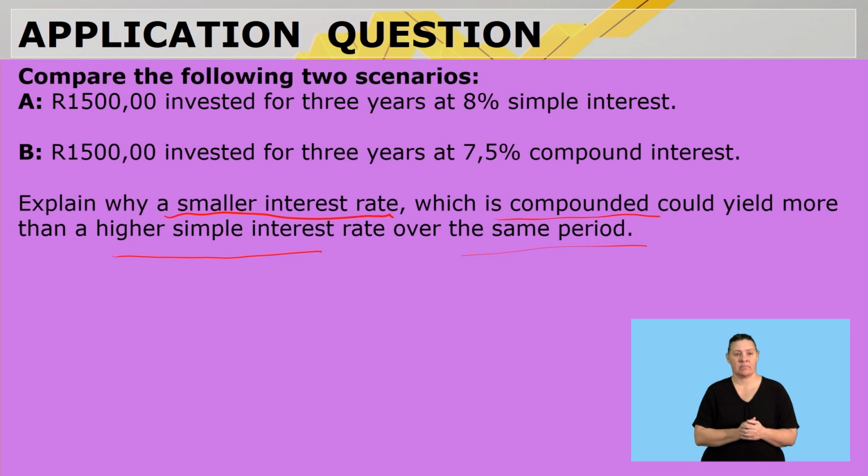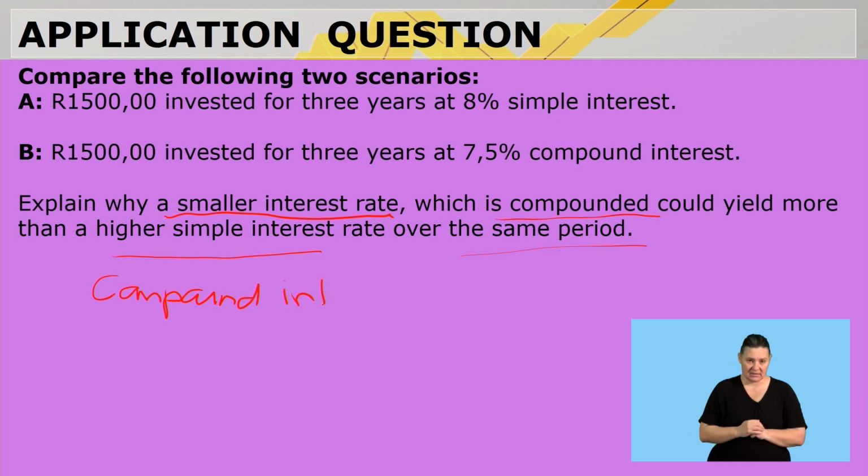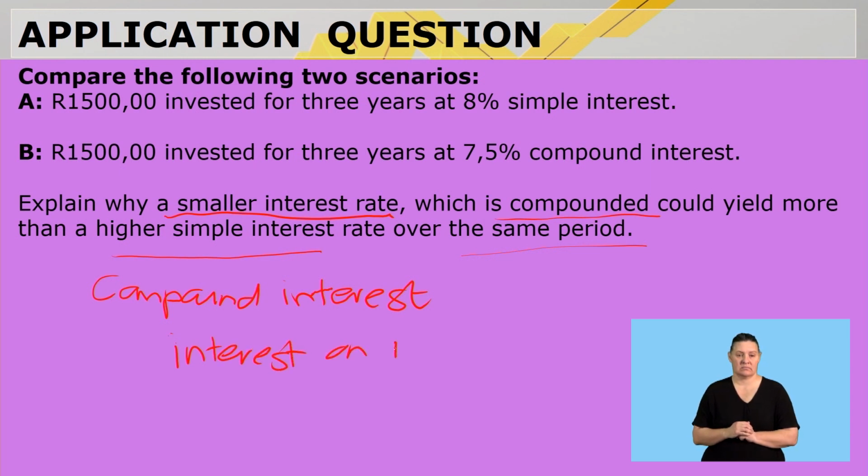Now, remember guys, compound interest is interest on interest, meaning your initial value keeps on growing, and therefore, because the initial value is growing, you will earn interest every time, a little bit more.